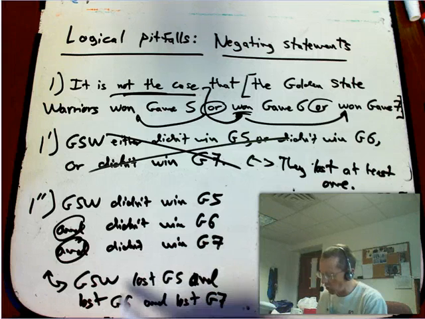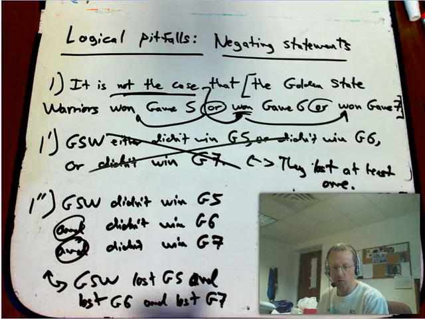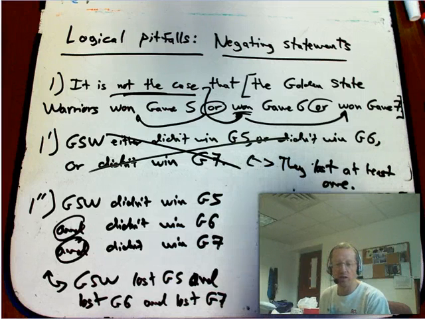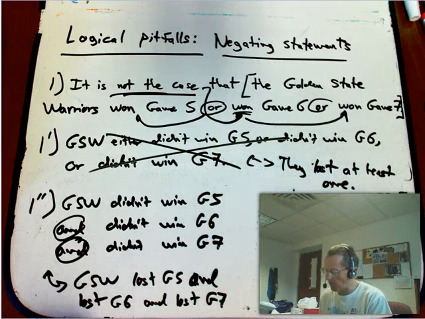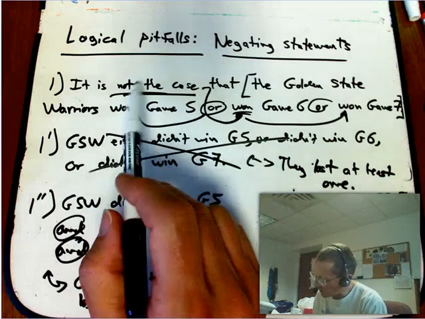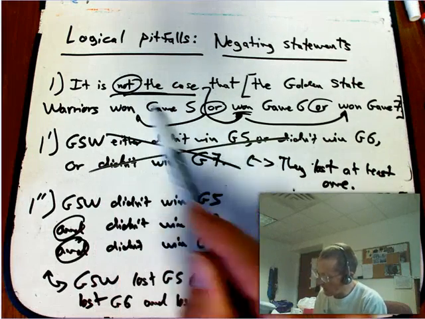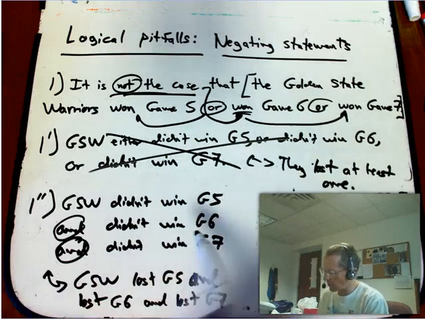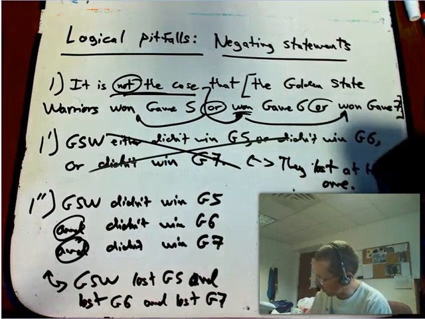They lost all those last 3 games. And that was the surprising thing because they were the favorites coming in and nobody's ever lost the last 3 games in a row of the finals. So when you bring a not past an or, it turns into an and, and vice versa. When you negate an and, it turns into an or, but I'm not going to show you all the possibilities.